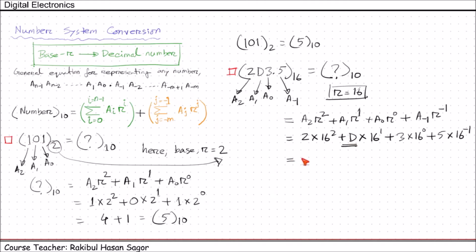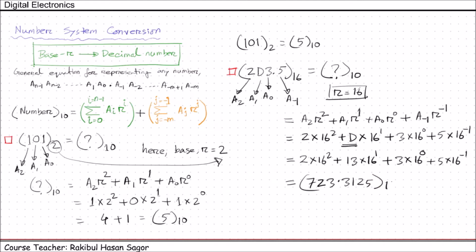So let's rewrite this line: 2 into 16 square plus 13 into 16 plus 3 into 16 to the power 0 plus 5 into 16 to the power minus 1. If we calculate it using a calculator, we'll get the value 723.3125.